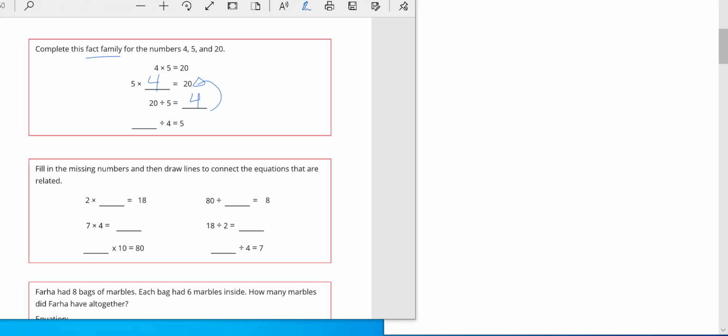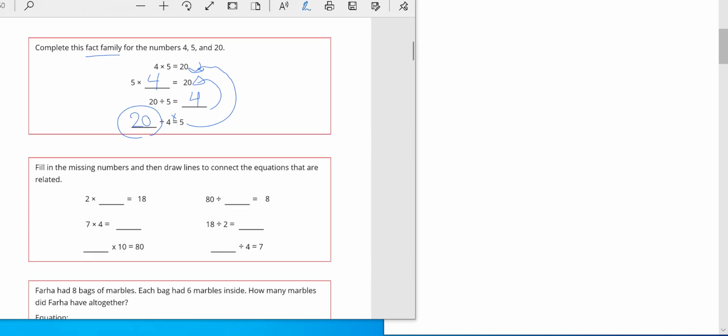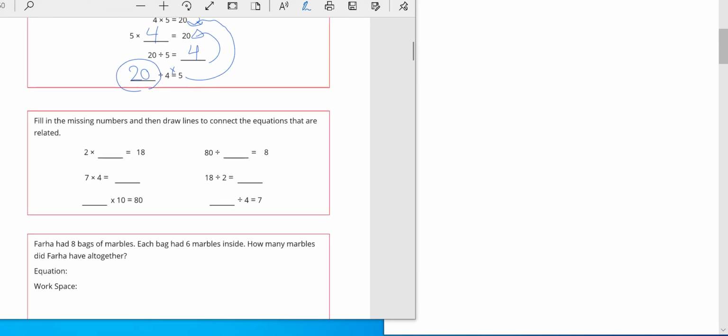Now what divided 4 equals 5? Can use the first fact family or the second fact family and say that 4 times 5 equals 20, so the dividend is 20, or the product is 20. Here we said dividend. The second exercise, fill the missing.